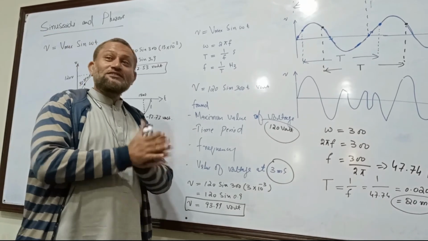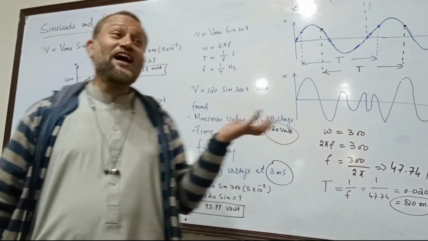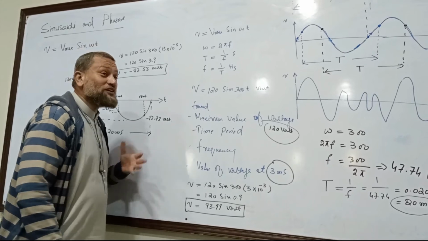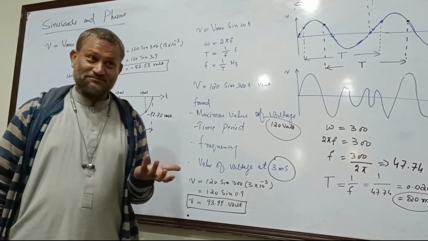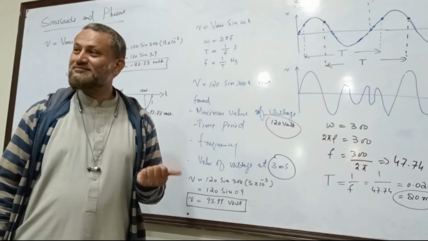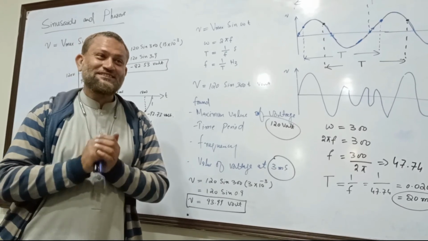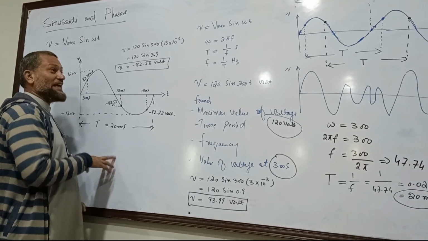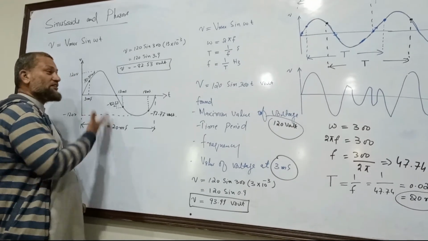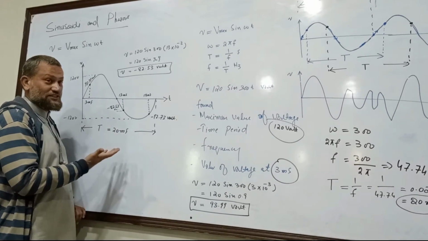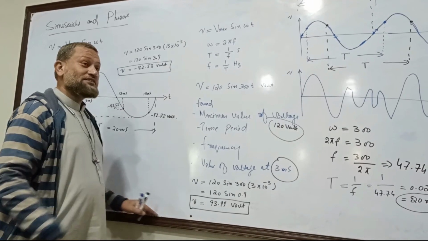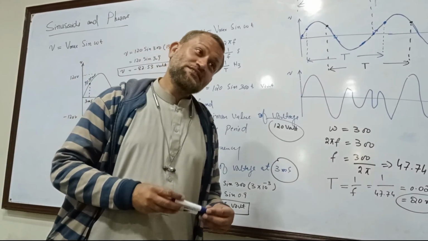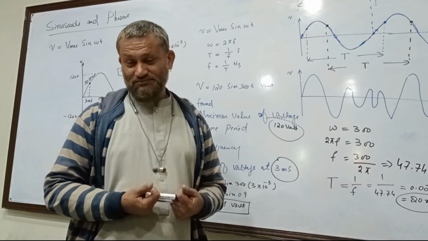Now we will have this kind of voltage in our AC circuits. Understand my point? Our circuit will be excited by this kind of voltage, that is AC voltage, and the circuits are said to be AC circuits.